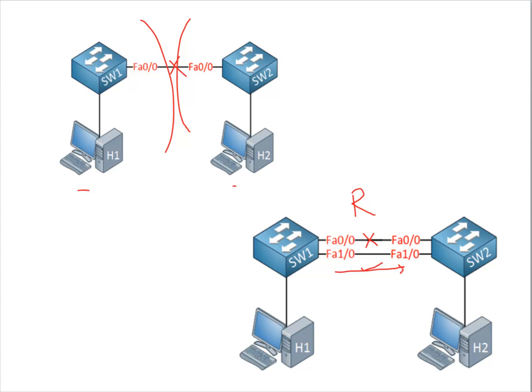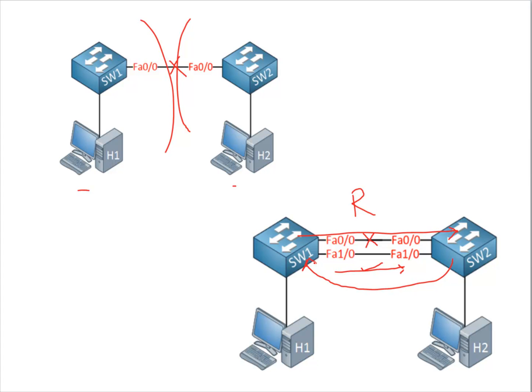If you see the disadvantages, what are they? Here a loop will be created. What is a loop? Some frames forwarded by S1 to S2 may be forwarded by S2 back to S1. This is called a loop. So, switch 1 forwards something to switch 2, and the same thing may be forwarded back to switch 1.